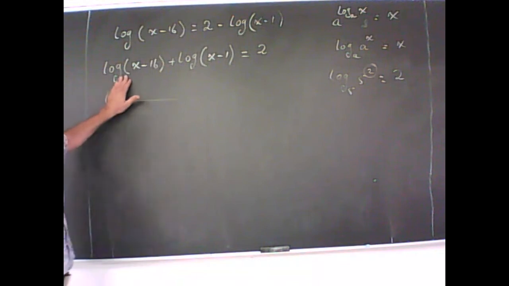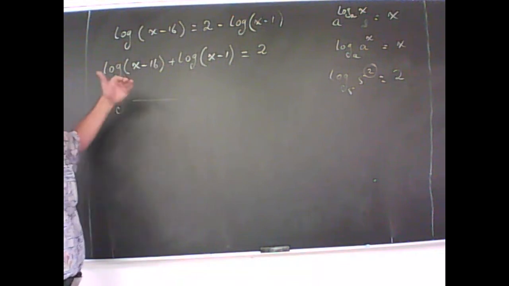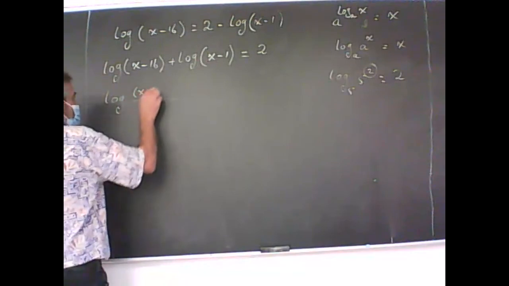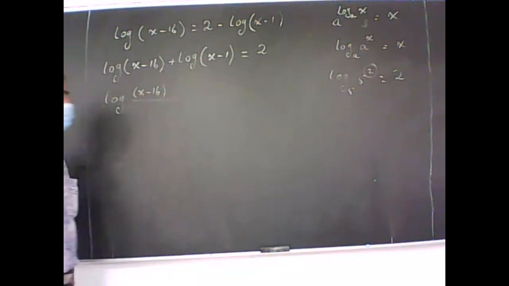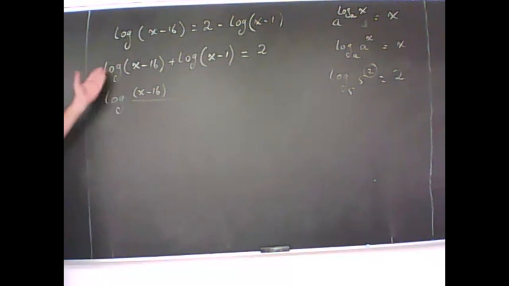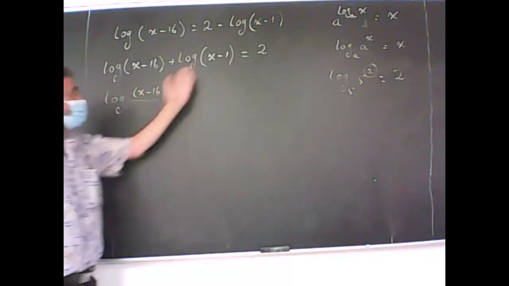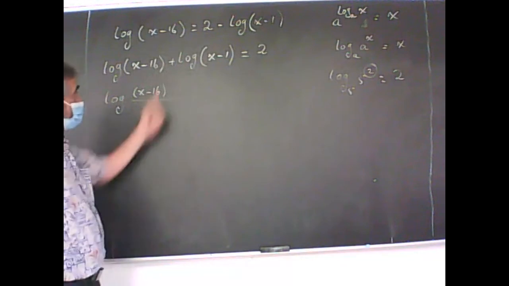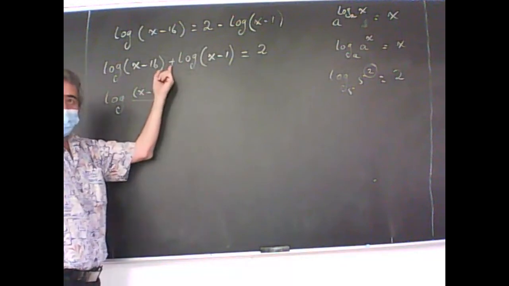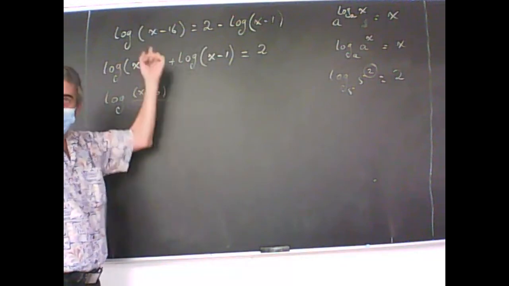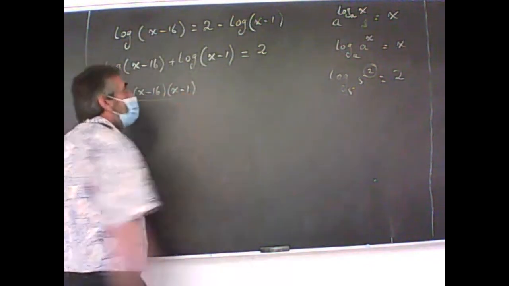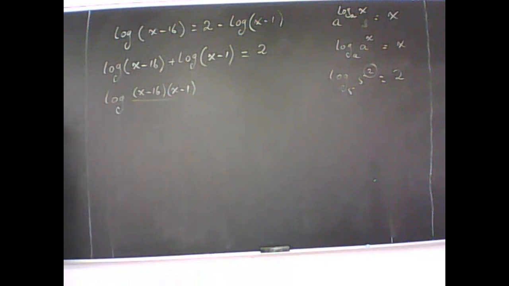Okay. The first one is positive. Where does it go? On top. So that's going to be x minus 16. We don't have anything else. Yeah? It's only one, right? How about the second one? Where does it go? It's a plus. It goes what? On top. Are we done with all the logs?